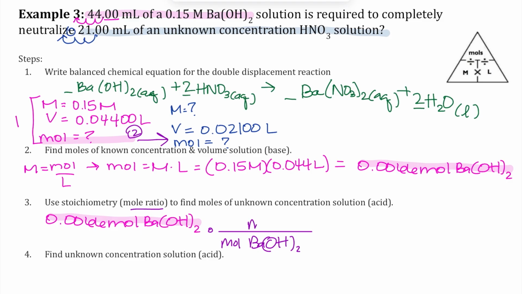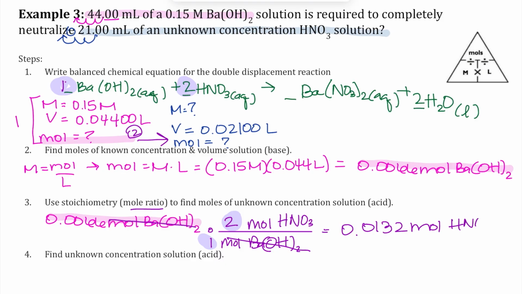I want moles of HNO3, my acid. And where do I get those values? Well, I have 2 moles of HNO3 to 1 mole of our barium hydroxide. So that's the mole ratio. And these units cancel, moles of barium hydroxide, and we get that number multiplied by 2, 0.0132 moles of that HNO3.